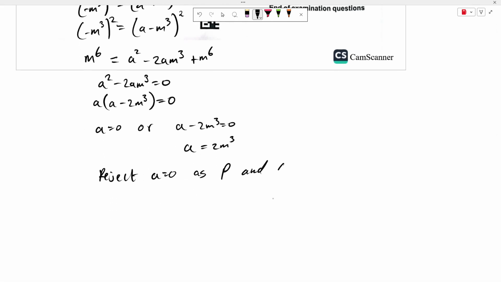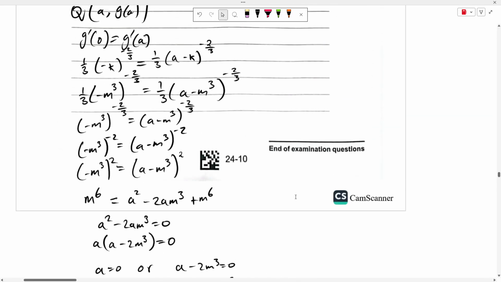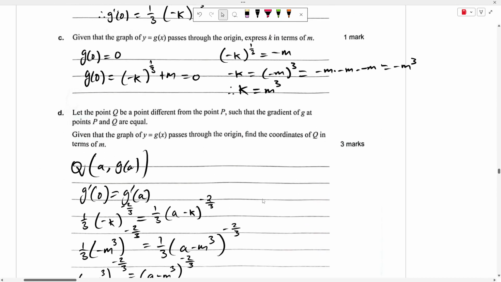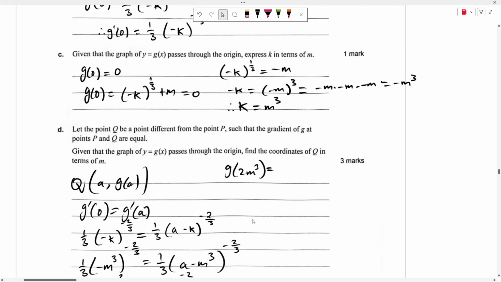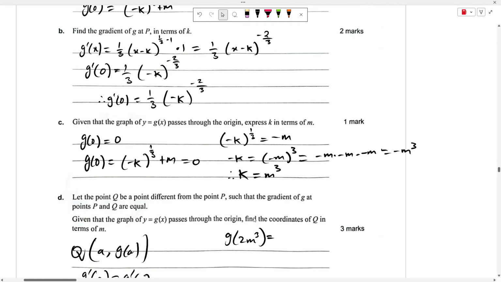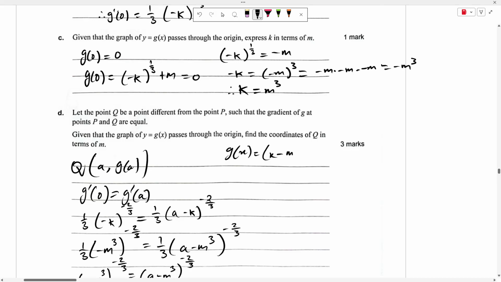So reject a equals 0 as P and Q must be different. Okay, a is equal to 2m cubed. So let's find g of 2m cubed. Now we know that g of x is x minus k, but we know that k is actually just m cubed in this case, to the power of a third plus m.